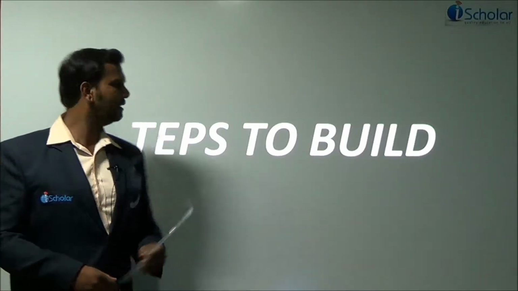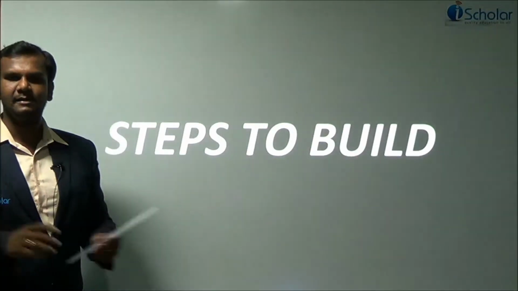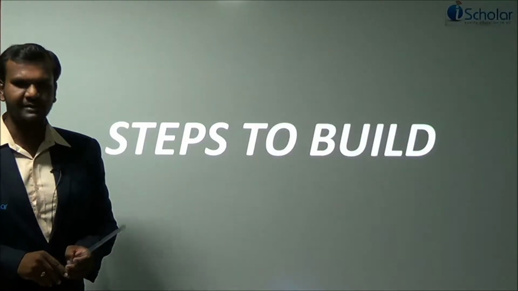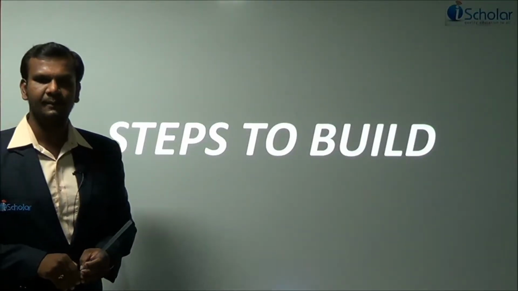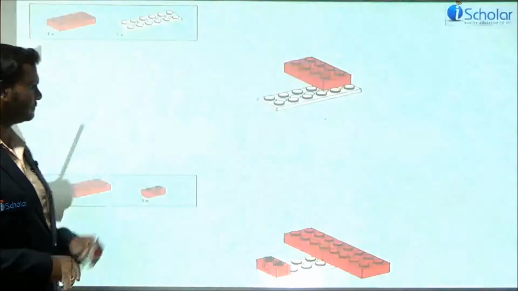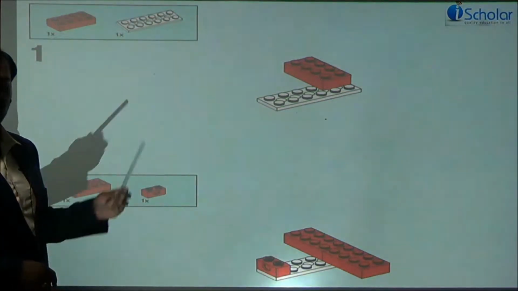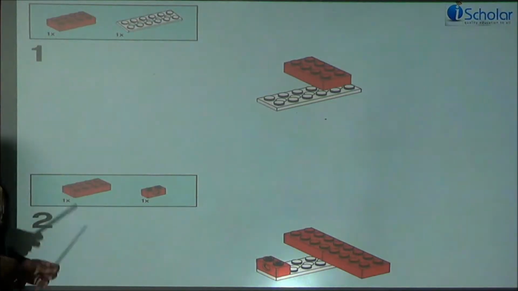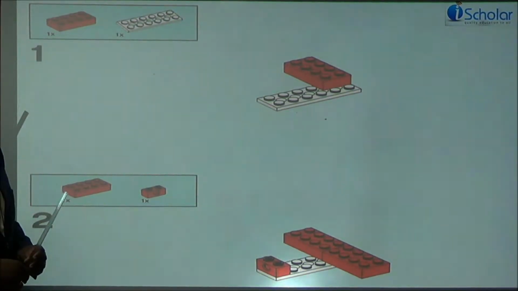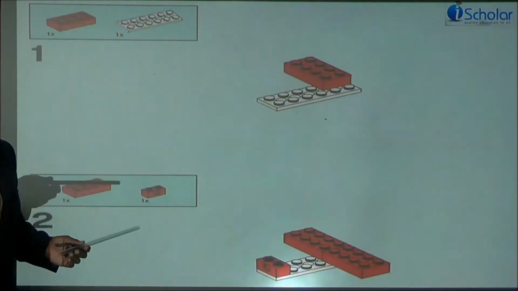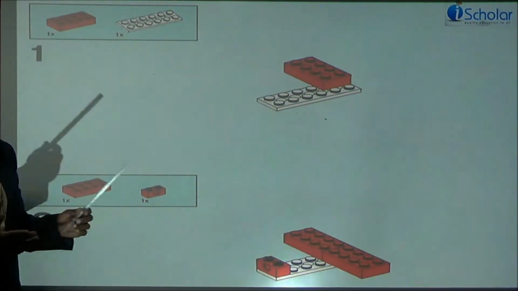Clear? Fine. So now we will see a detailed step-by-step process to build a simple machine which is called a merry-go-round. Fine. So in front of you, you can see two steps. Step 1 and step 2. Now you can open your manual by your side, and you can open your kit also.